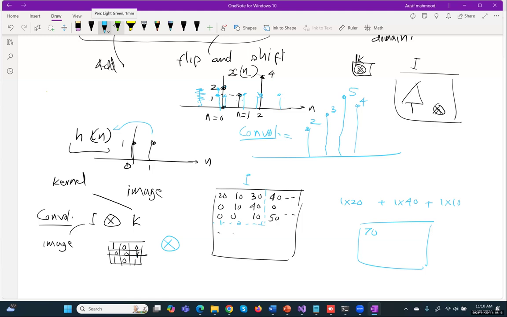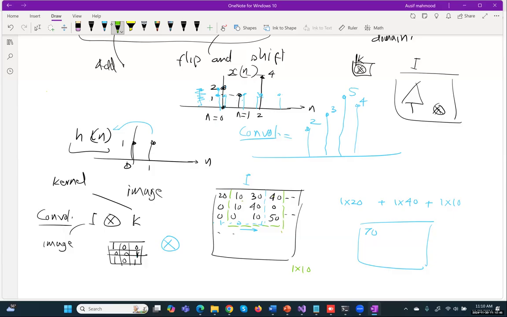Now what will we do? We'll slide the kernel. So let me use a different color. So if I slide the kernel over here, let's produce the answer now. So in the first row, 1, 0, 1. So the 2 entries are 0. So all we care is 1 multiplied by 10. Agreed?